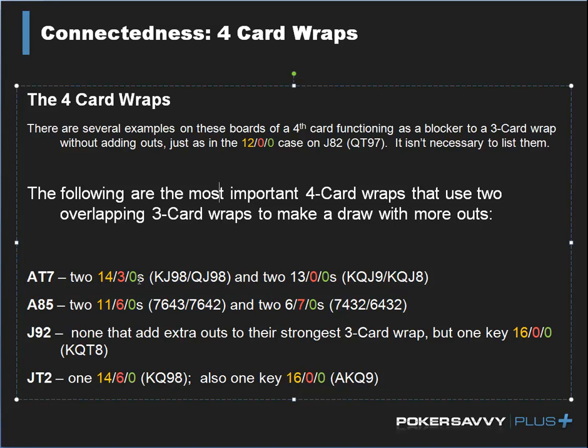These are a handful of cases where you actually get extra outs as a result of using a 4th card. It's not this thing where you're just blocking yourself and losing an out. You actually are adding outs. And so here we take this Jack 9-8 3-card wrap, and we tack on a strong nut gut shot card that adds extra outs. So you've got Jack 9-8, and then the Queen makes another 4 nut outs.